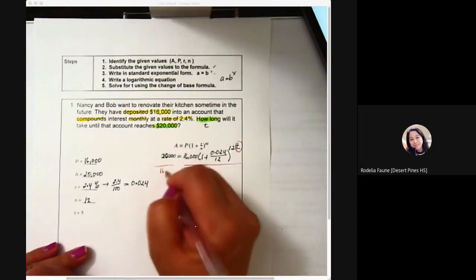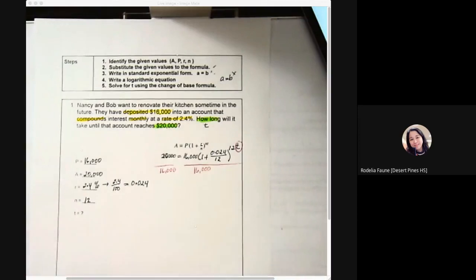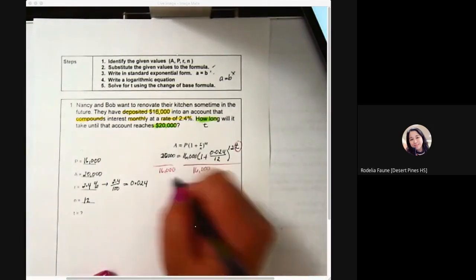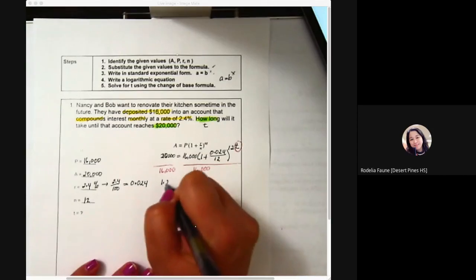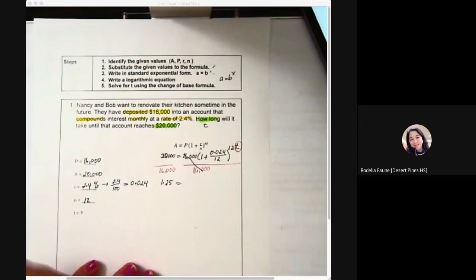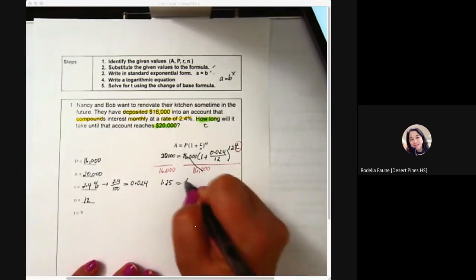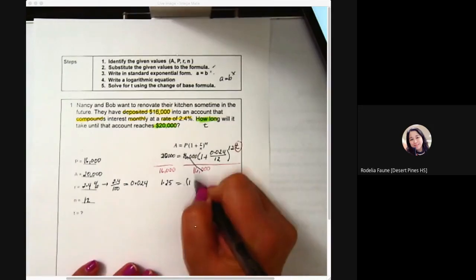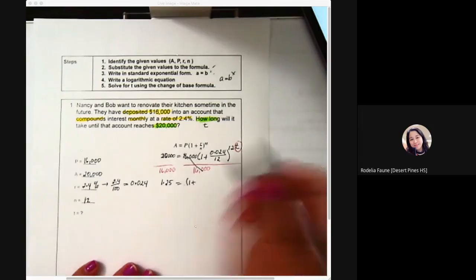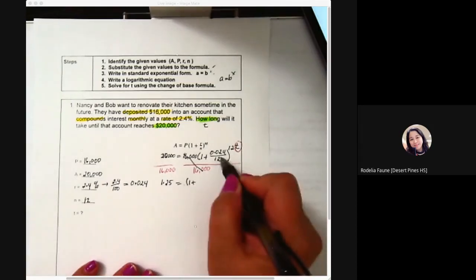Okay, 16,000. So 20,000 divided by 16,000 is 1.25. 16 divided by 16 is 1. So we just have 1, and we simply cancel that. 1 plus, so divide these two as well.